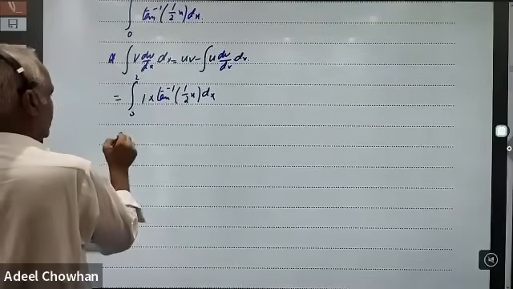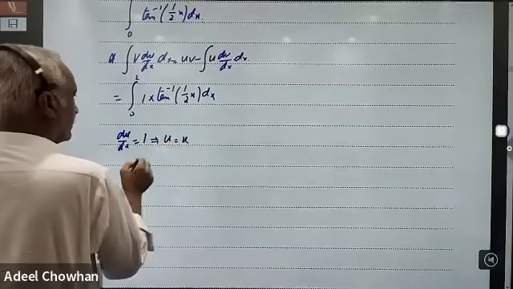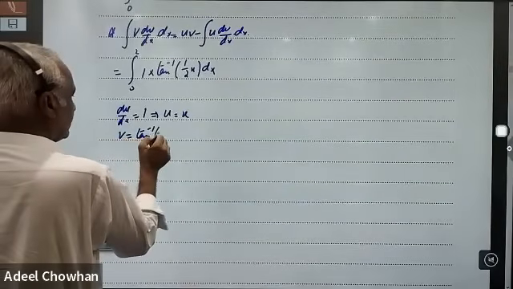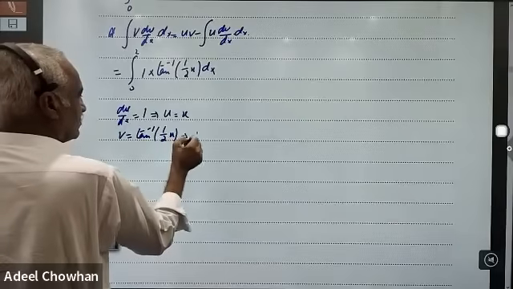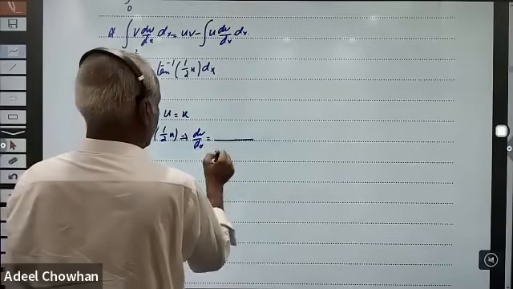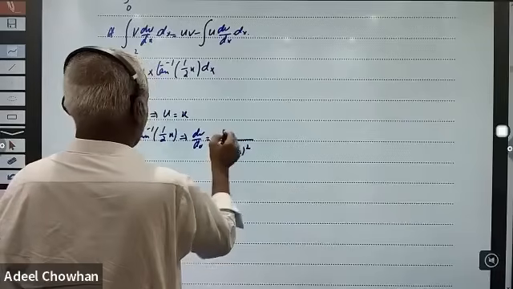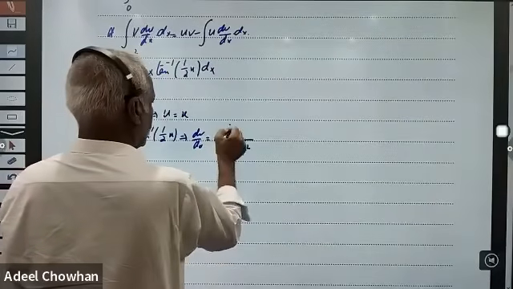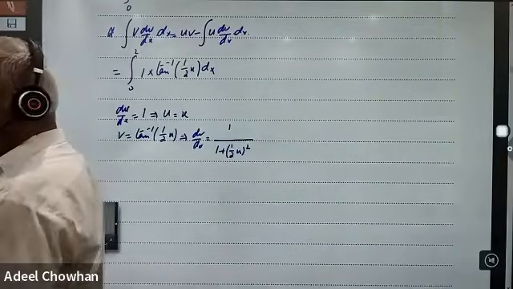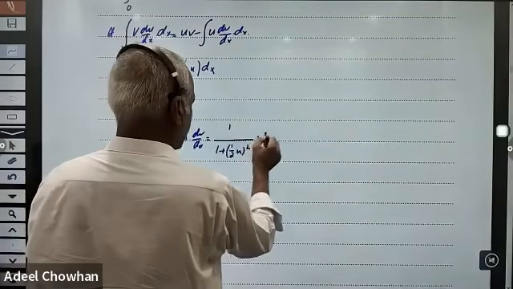Now we take du by dx is equal to 1, so u is equal to x, and v is equal to tangent inverse of half x. So dv by dx for this portion is 1 over 1 plus half x whole square, into the derivative of half x, which is half.